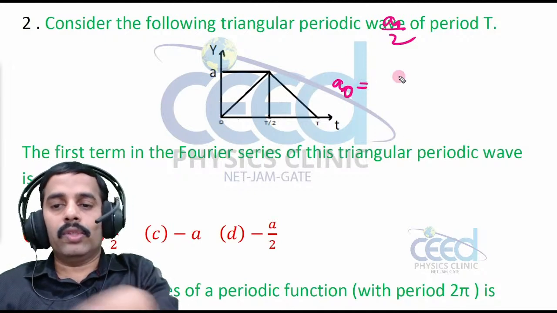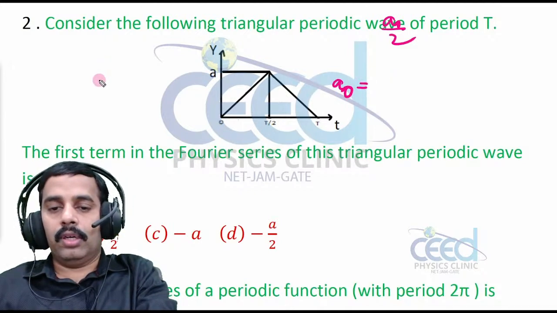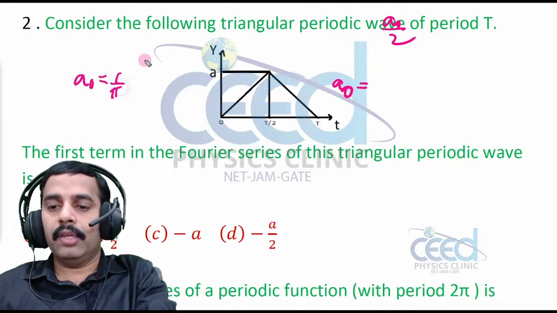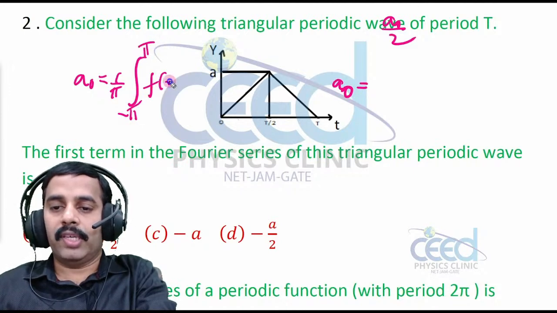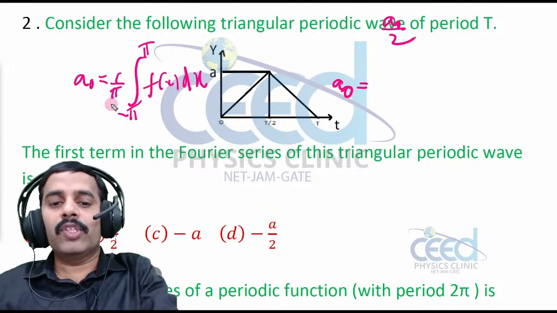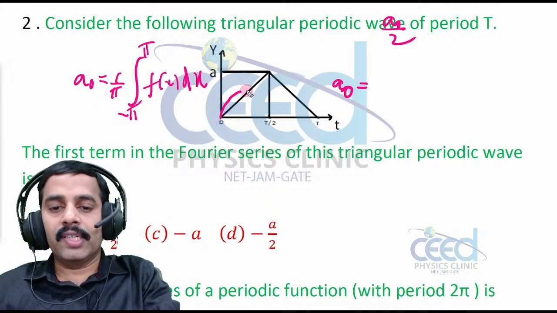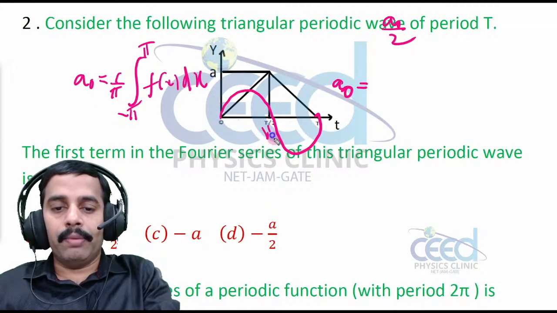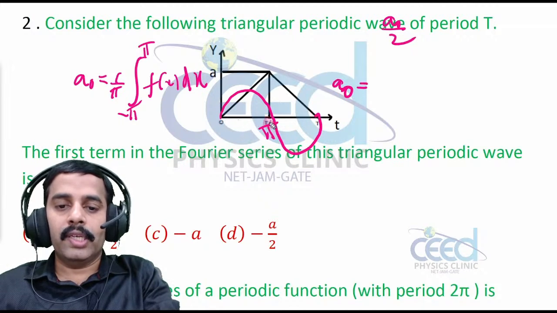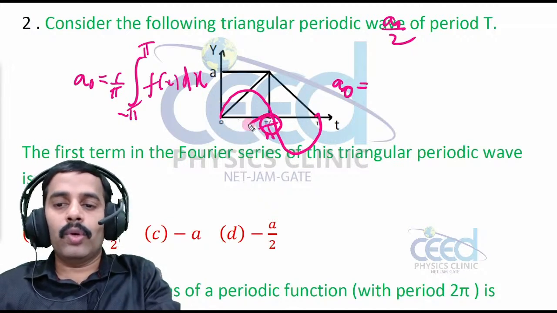We already know the general expression for the Fourier series: a0 is equal to 1 by pi integral minus pi to pi f of x dx. There we have considered a sine wave with pi. Pi corresponds here to T by 2, so we can replace pi with T by 2.